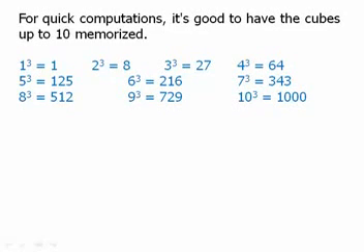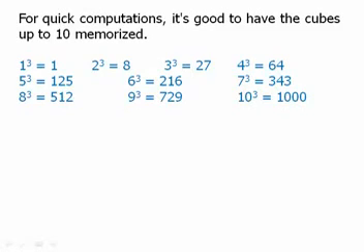For quick computations, it's good to have the cubes up to 10 memorized. Certainly the first 6 are very important to memorize, and really if you know all 10, it's kind of a time saver. And a couple things I'll point out. Notice that 8 cubed, of course, would be 2 to the 9th. Notice that 4 cubed, that's 2 squared cubed, so that would be 2 to the 6th.